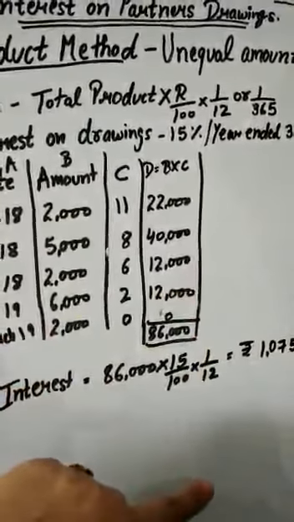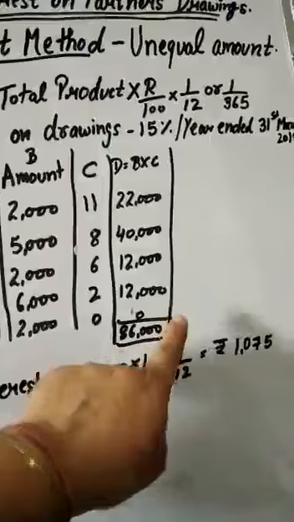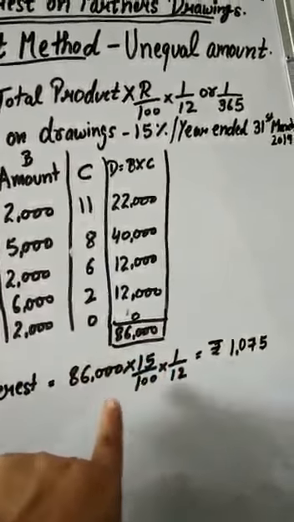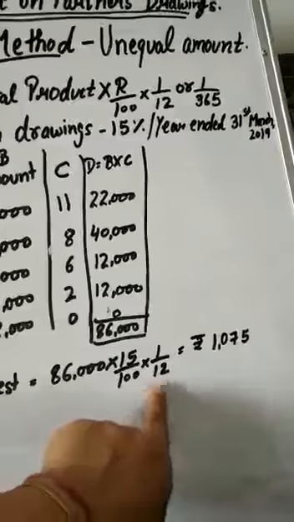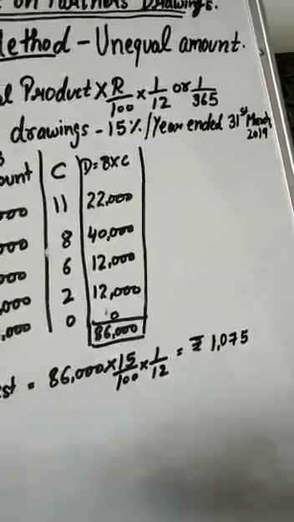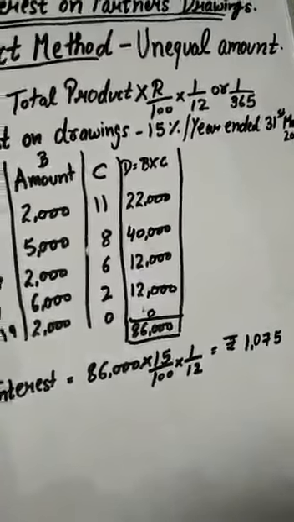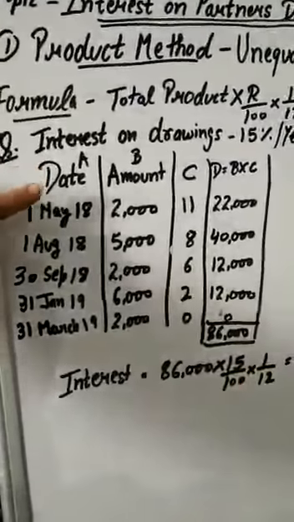If we were doing it on a days basis, then we would have done it 1 over 365. So we'll multiply 86,000 by 15% and 1 by 12. It comes out to be 1075. So this is the interest on drawings of that partner.